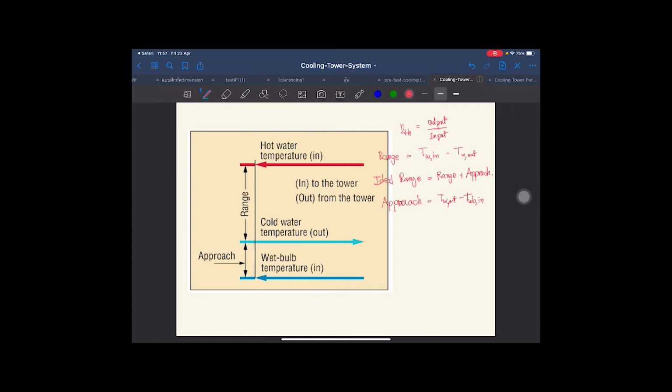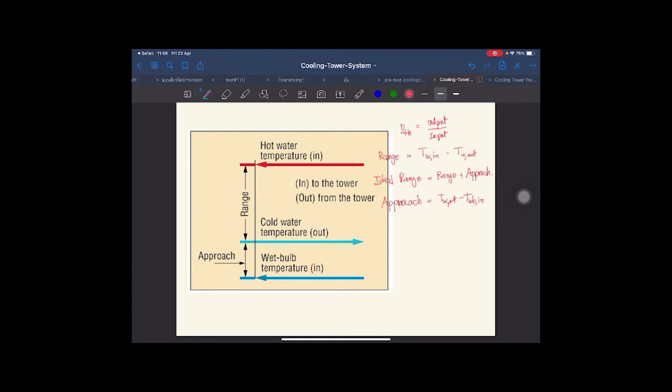Okay, this is the difference between the temperature of the water and the wet bulb temperature of the air. We call it the approach. The approach is the better indicator of the cooling water performance. Then the ideal will be equal to the range plus the approach.